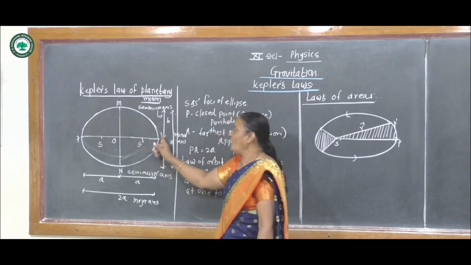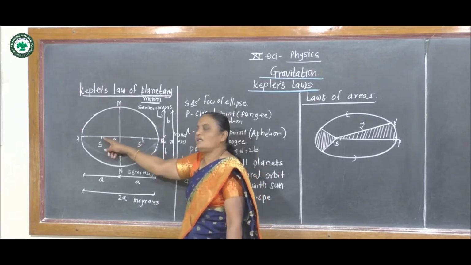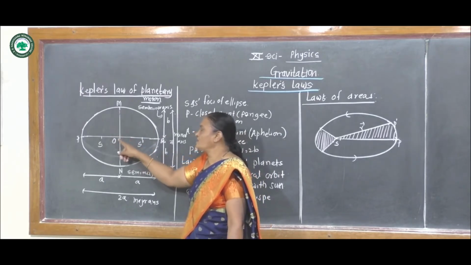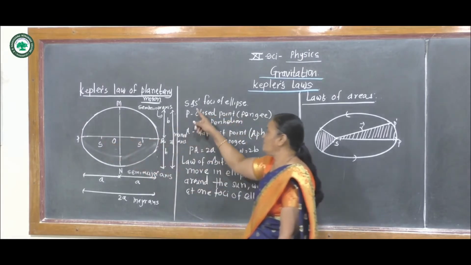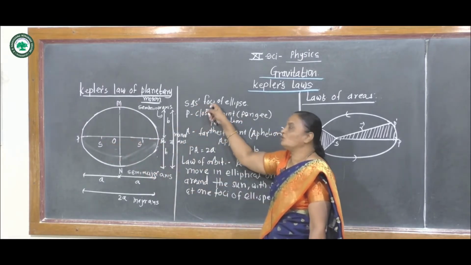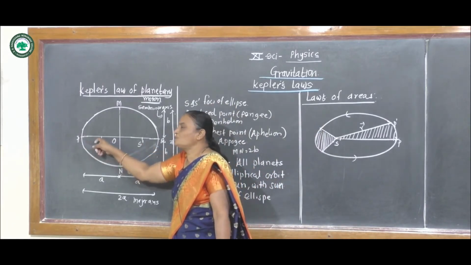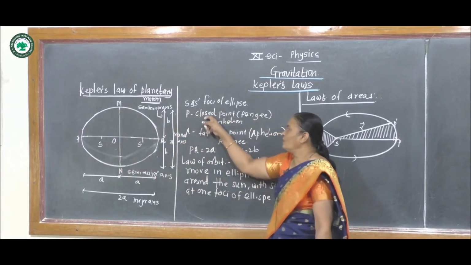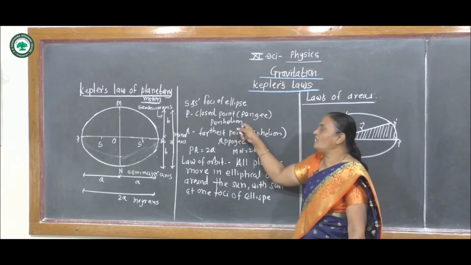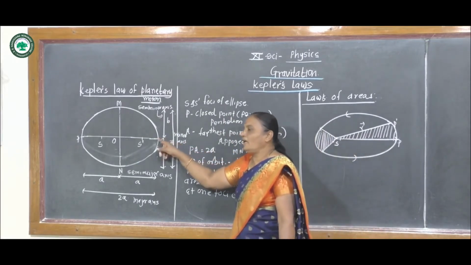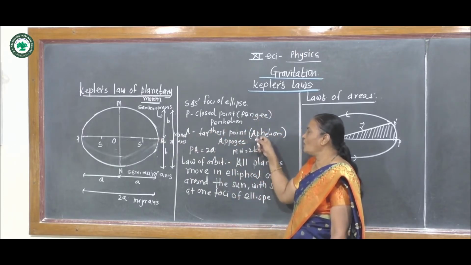See, this is the planet. All planets move in an elliptical orbit where the sun is at one focus. There are two foci, S and S', the two foci of the ellipse. The point P is closest to the sun, so it is called perigee or perihelion. The point A is the farthest point, called apogee or aphelion.